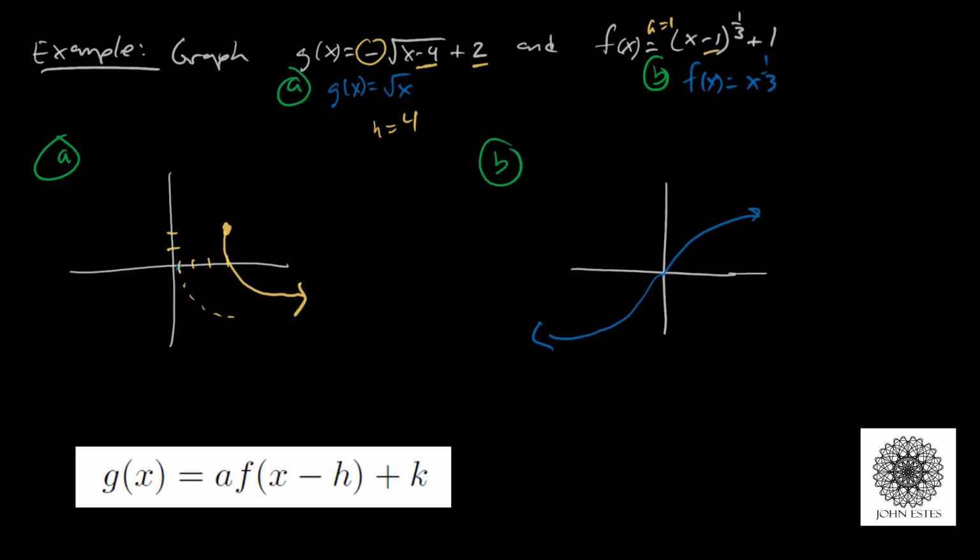But here h is +1 and my k is also +1. So that means I have a shift 1 unit right and 1 unit up. So there's my new origin. Now my graph just looks like that same picture, just starting in a new place. I'm going to erase the blue, something like that.